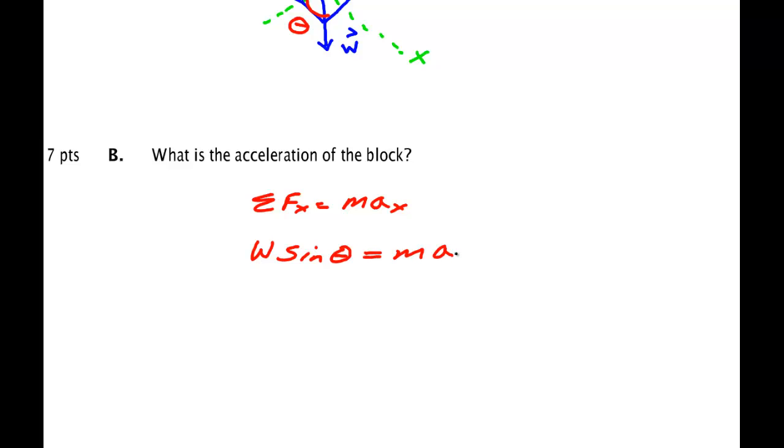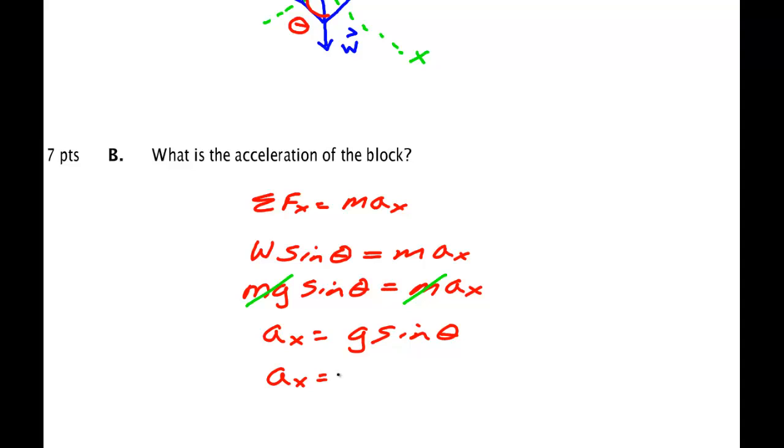So it's max. Weight is mg, so mg sine theta is max. I can cancel the m's, so I get ax is g sine theta.